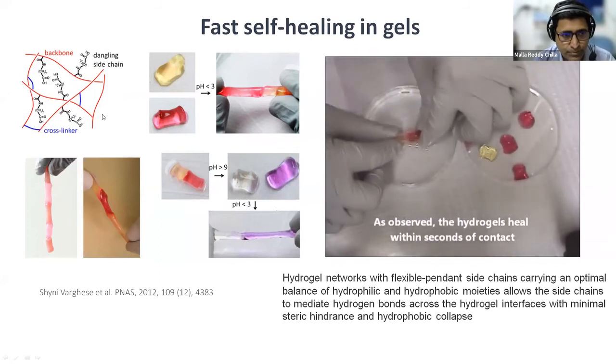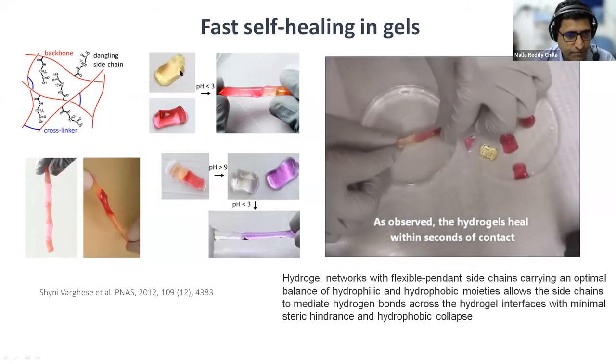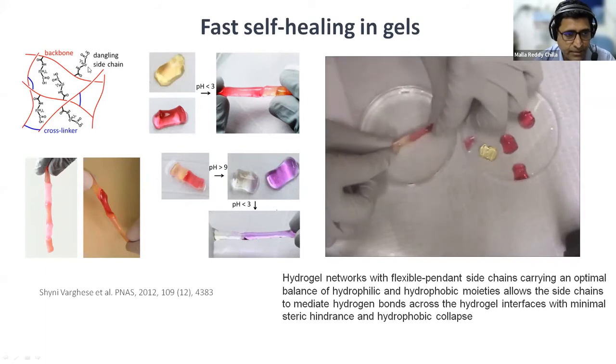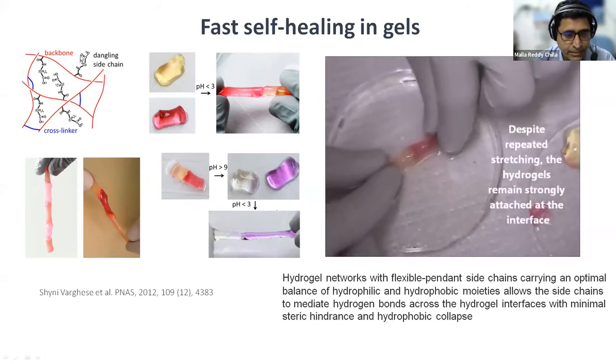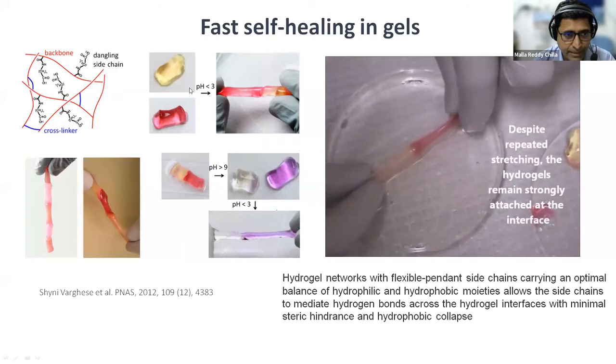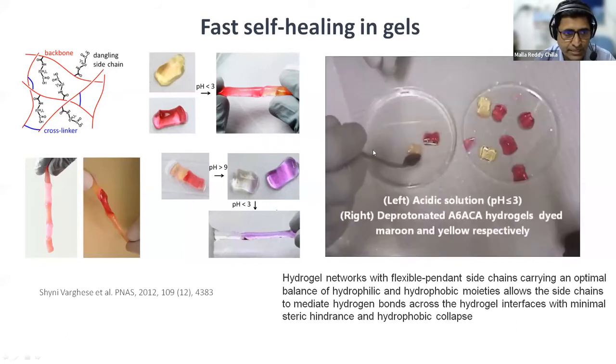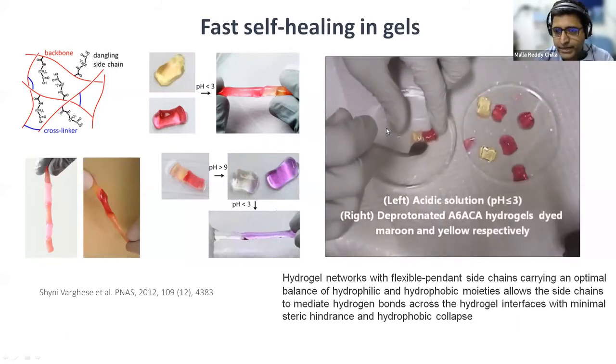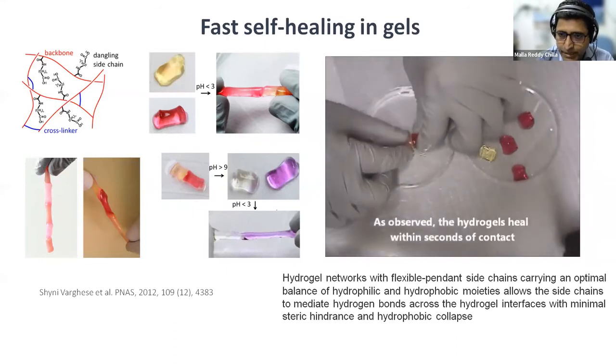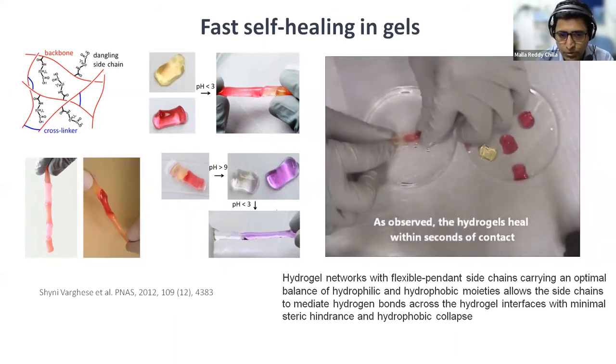So it is proposed that with a lot of liquid in this gel, when you break it and put the pieces together, these side chains form hydrogen bonding interactions, and that is how they bring the two pieces together and allow the healing.